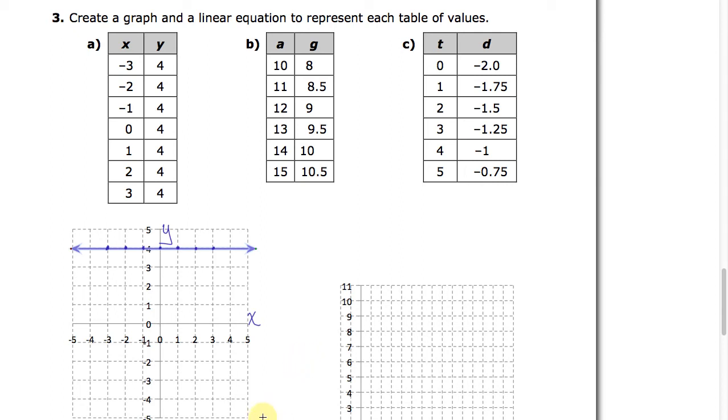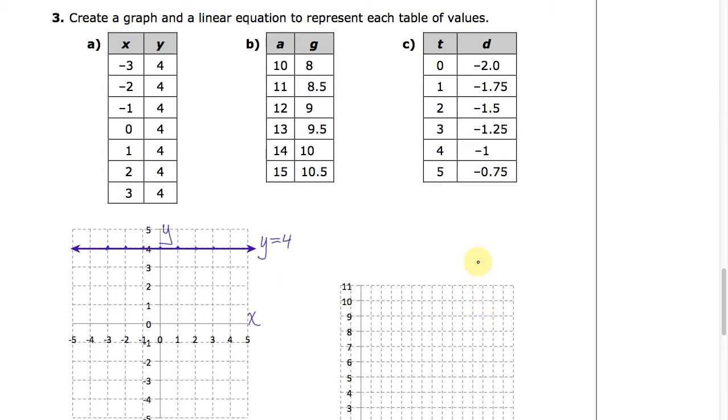And typically, when you graph a relationship, it's a good idea to put the equation for it here. And the equation is pretty simple. It's just y equals 4. So it doesn't matter what x is, y is always equal to 4. Next, we'd like to look at this relationship between a and g.